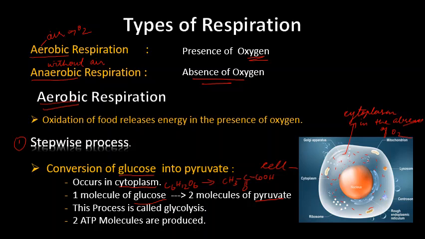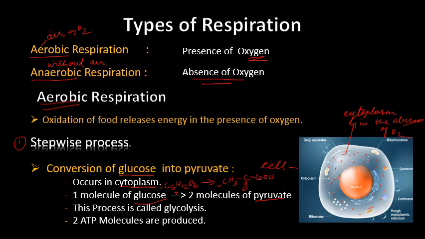And in this, glucose is the 6 carbon atom molecule. And here the 6 carbon atom molecule is converted into 3 carbon atom molecule, that is pyruvate. So 1 molecule of glucose is converted into pyruvate. So this process is termed as glycolysis.